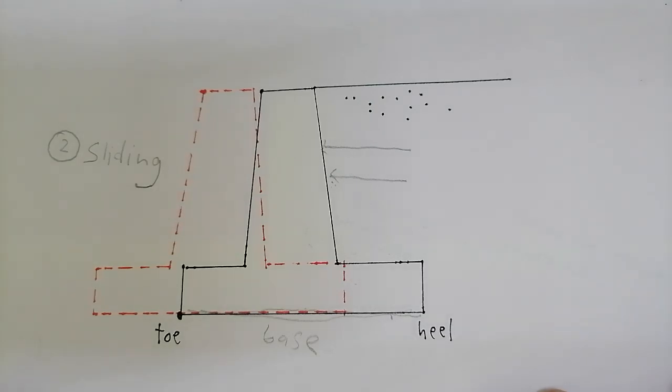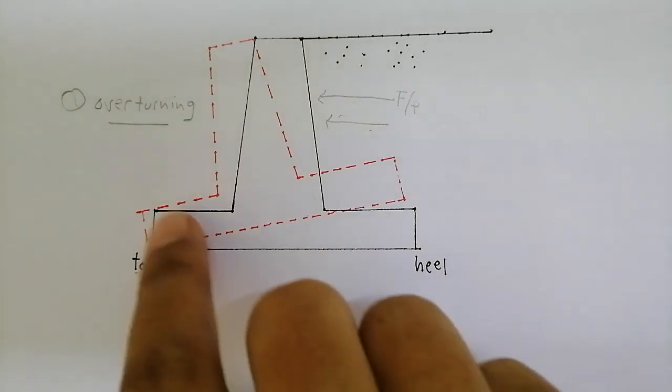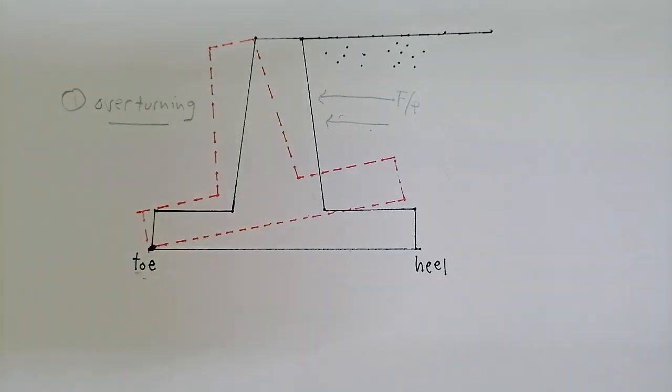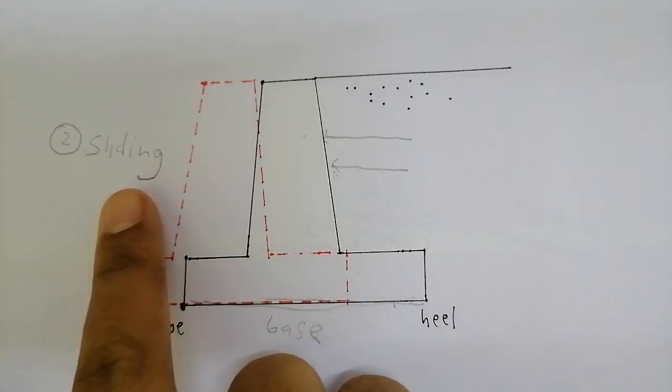All right, so I repeat very quickly. The first one, we have to check the stability of our retaining wall against overturning. And the second one, we have to check the stability of our retaining wall against sliding.